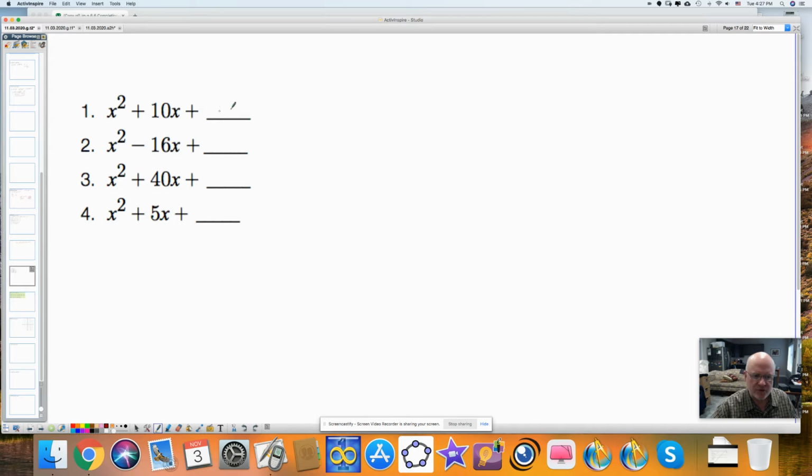Half of this is 5. When you square it, you get 25. Half of this is negative 8. When you square it, you get 64. Half of this is 20. When you square it, you get 400. Half of this is 5 halves, or you could write it as 10 fourths, or 2.5. Any way is fine. When you square it, you get 6.25.